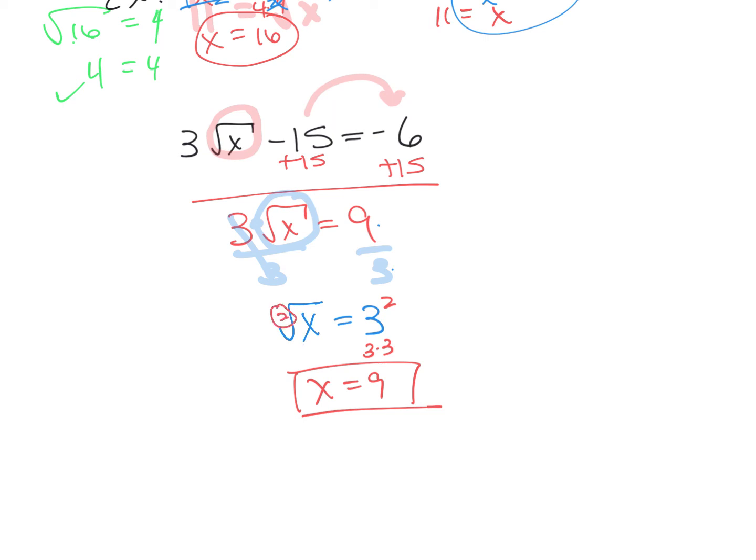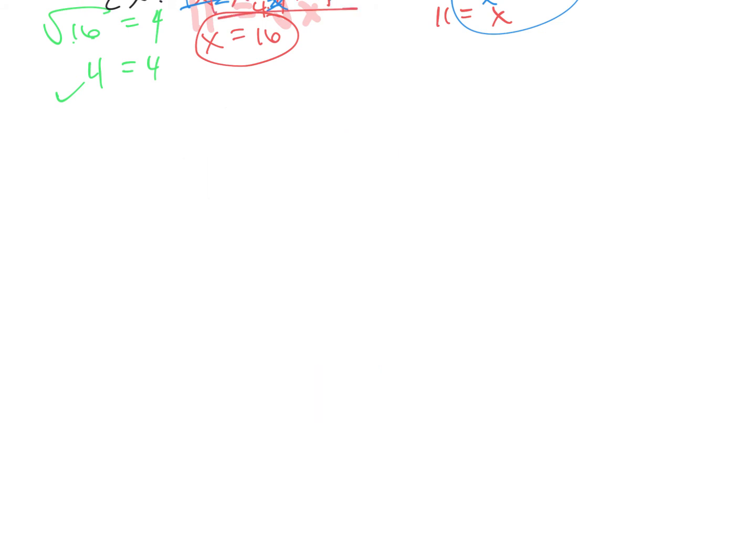So to get rid of it, I have to take it to the power of 2, okay? And so then I have to do that to the other side. Whatever you're doing every time, you're doing that operation to the other side, right? I added 15, so I have to add 15 on this side. I divided by 3, so I divide by 3 on this side. Power of 2, okay? Okay, so let's look at another one.